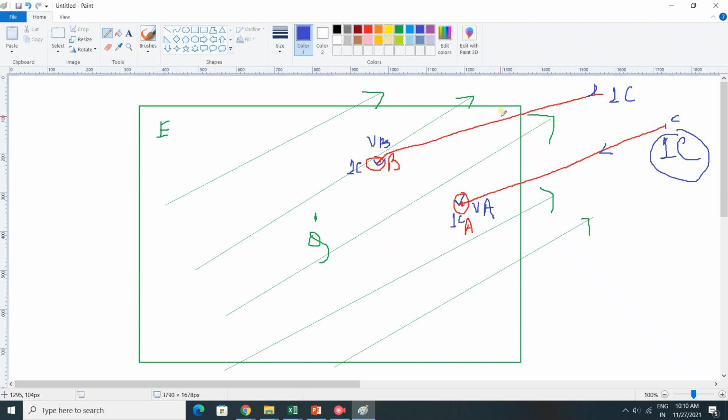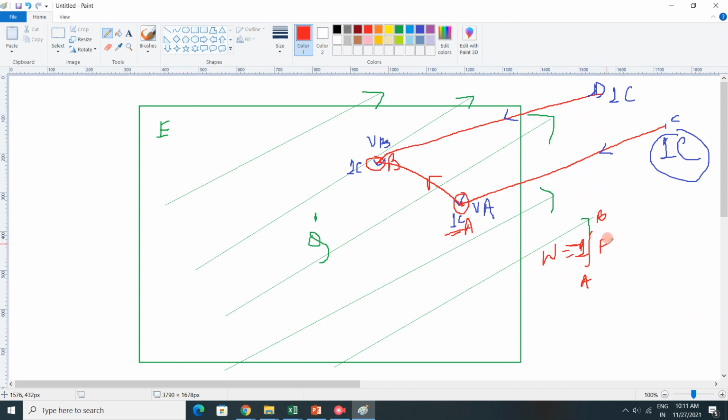So they have been displaced. Previously they were at C and D. From A to C they have been displaced. From D to B they have been displaced. Now I want to bridge this gap, because I want to move the charge of 1 coulomb from A to B. That will be called potential difference, because that is the work done from A to B, because I am applying some external force here also.